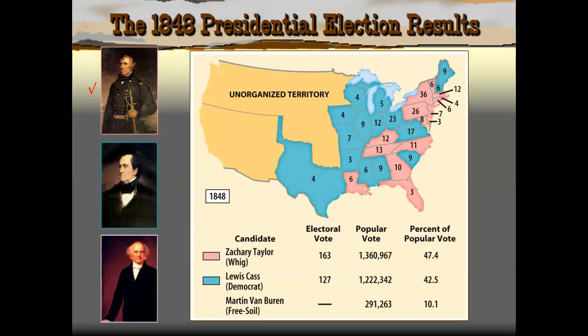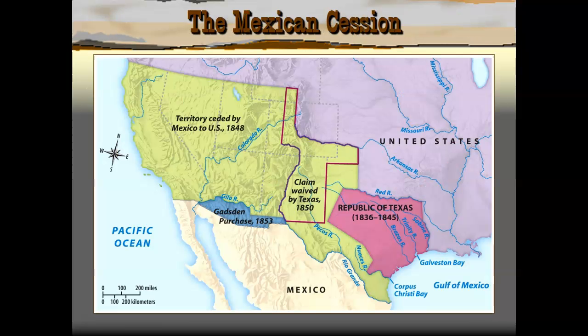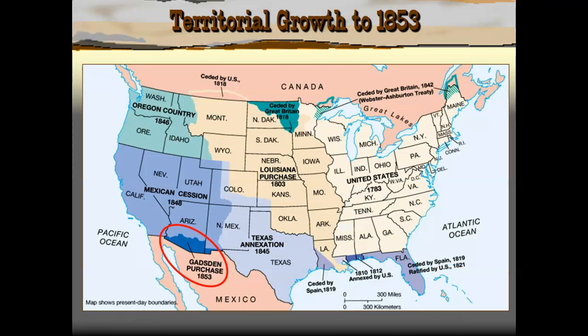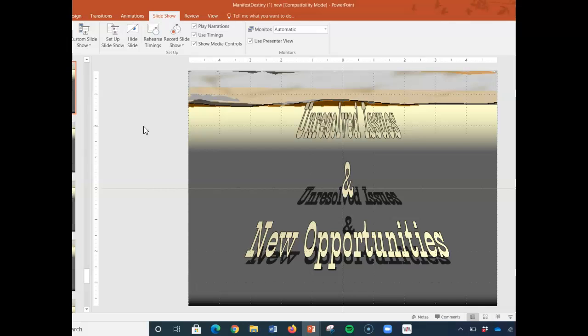So our buddy Taylor here has to decide. He says apply, and they do. And California is ready to enter the Union as a free state. So there's California. You guys know what's going to happen there, okay? All because of the gold rush.